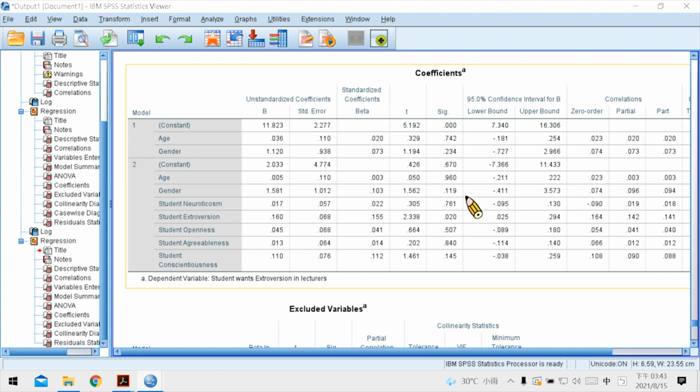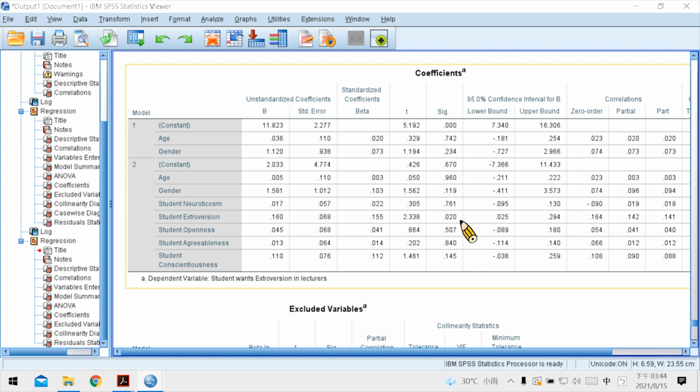Okay, see, just the student introversion is significant. Student introversion is the only significant predictor of one introversion lecture. The model overall didn't explain a significant amount of the variance in one extrovert lecture.